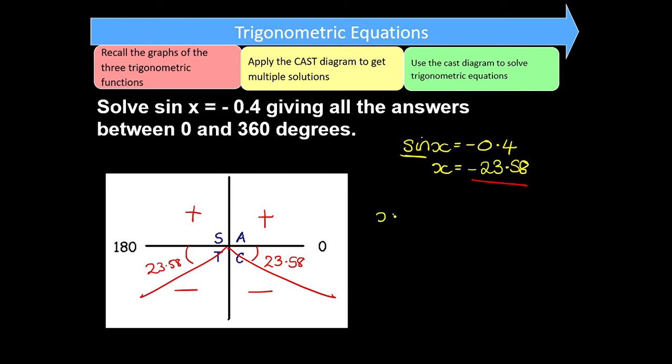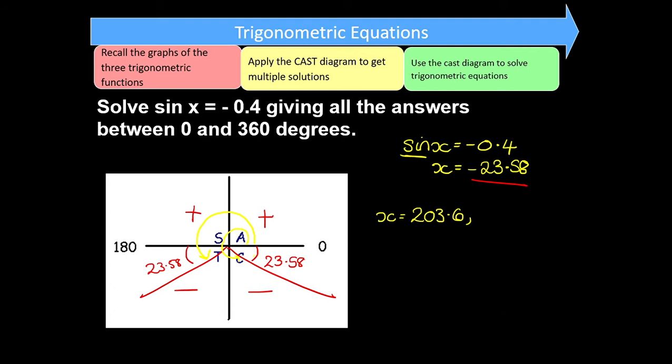So my answers are, starting at 0, I'm going to spin around, and I can see that I've turned 180 degrees plus another 23.58. So to one decimal place, that is 203.6. Then again, starting at 0, how far have I turned to get here?